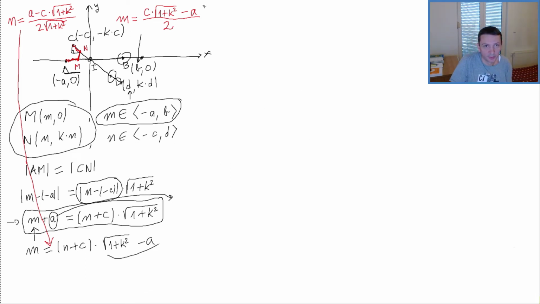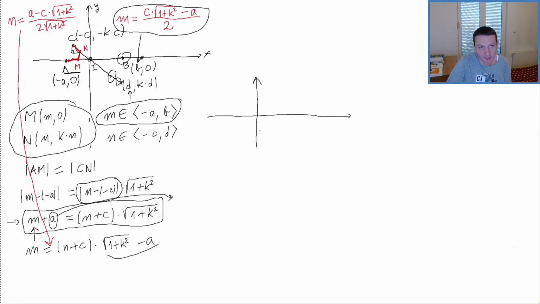Okay, and now when we obtained this formula for m, and when we erased some free space here, we shall give an explanation and idea for the constructive proof of this problem. Namely, let me draw this once again.